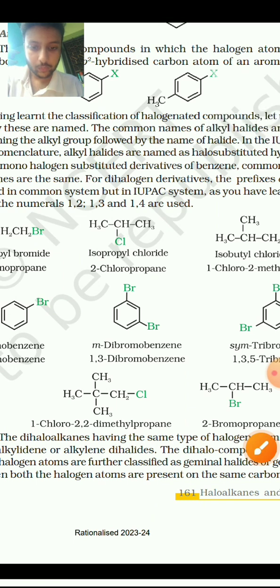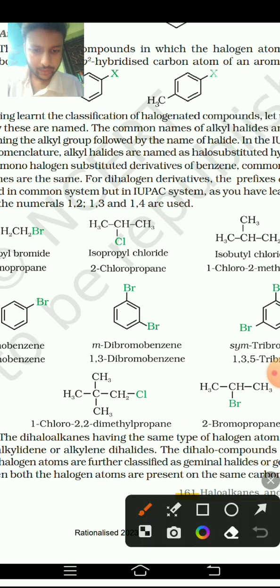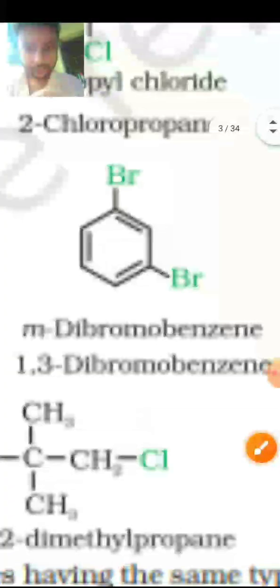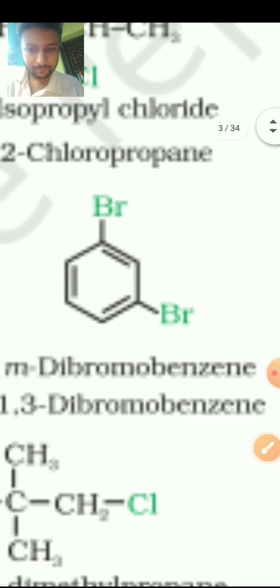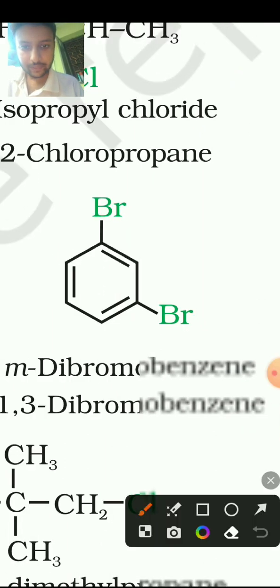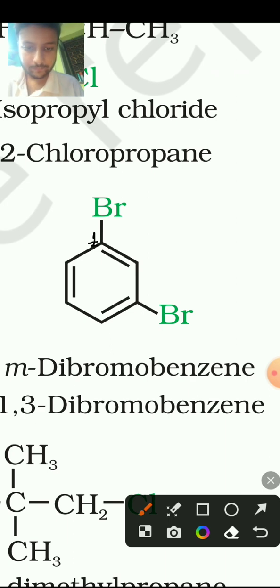Okay, now what to do with this one? Let me tell you that for the IUPAC nomenclature, you have to number one of the carbons as 1. For example, look, if I number the topmost carbon as 1, this one is 2, this carbon as 3, this carbon as 4, this carbon as 5, and this is 6.